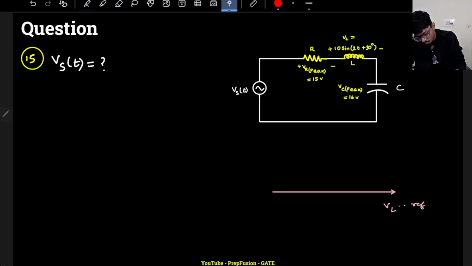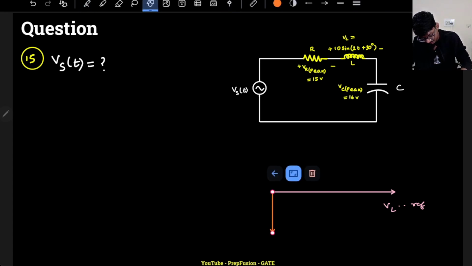So if VL is reference, what will be the current across the inductor? Current across the inductor will lag by 90 degrees. So current will be somewhere here.